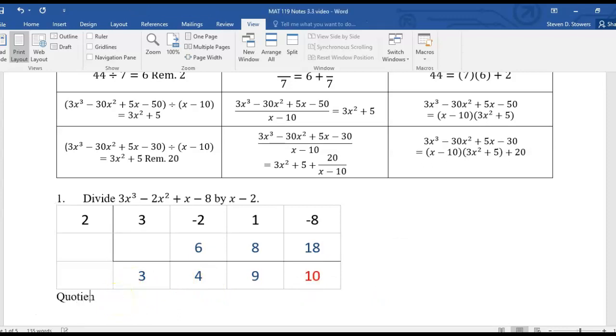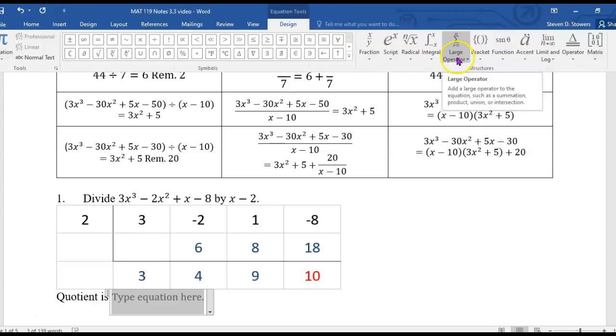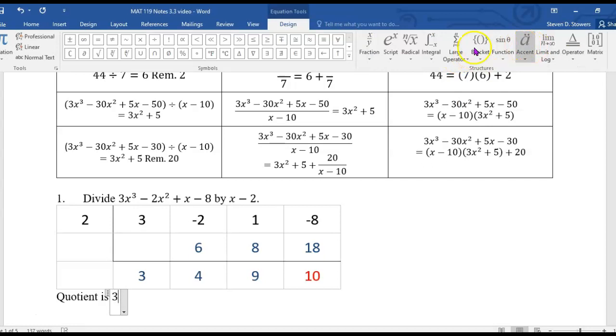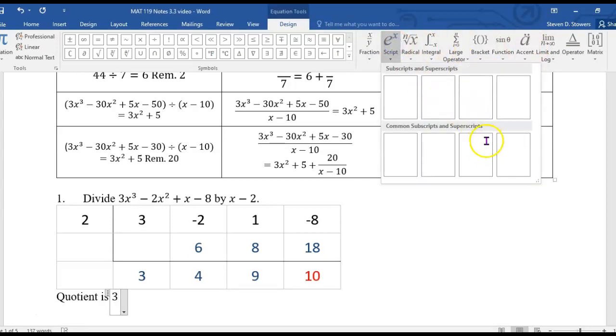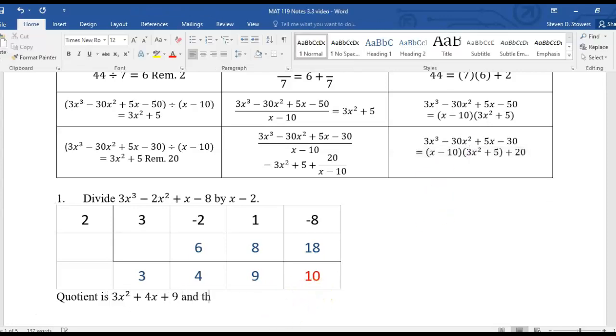So the quotient is 3x squared plus 4x plus 9. And like I said, the remainder is 10.